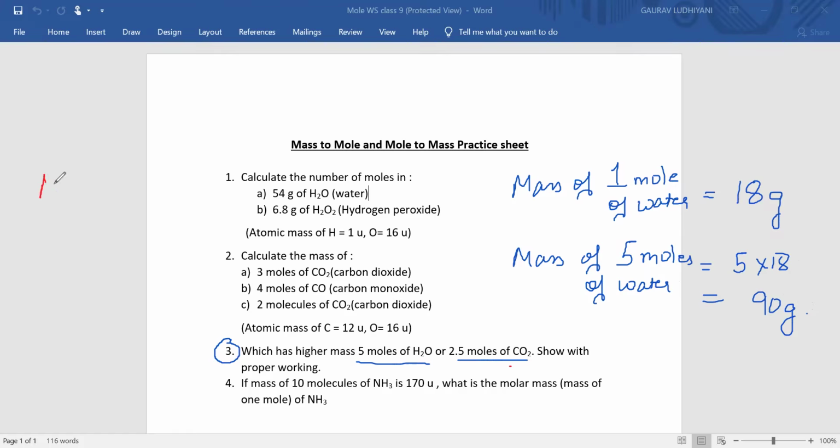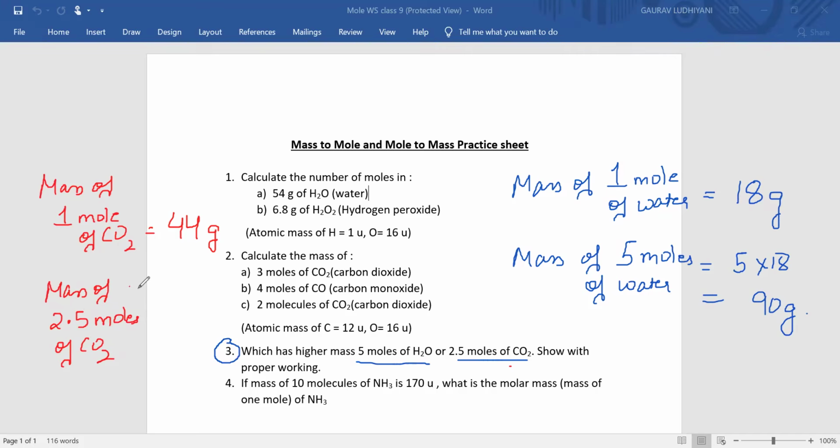The mass of 1 mole, again, that calculation I've done n number of times in this video, the mass of 1 mole of carbon dioxide will be 44 grams, and the mass of 2.5 moles of CO2 would be 44 into 2.5.